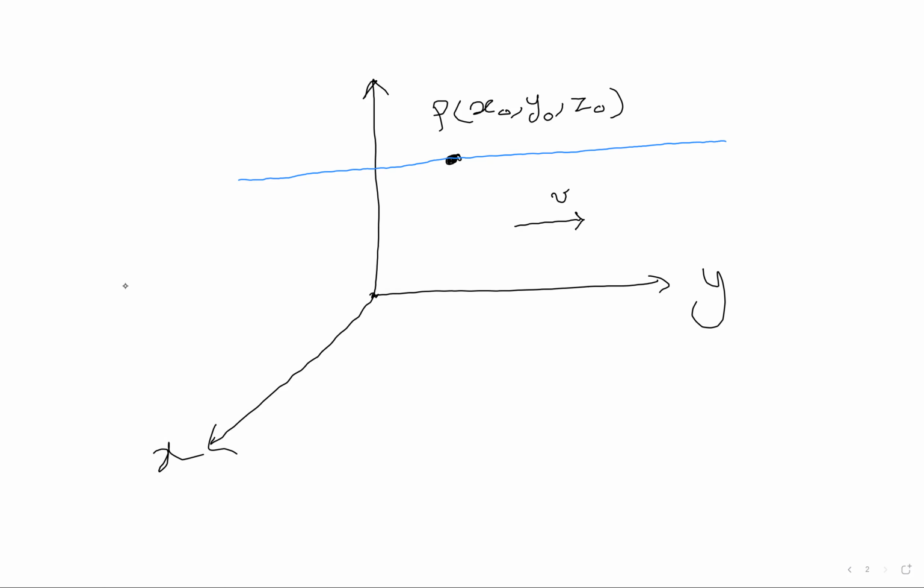And I connect the origin to that point. So this becomes the vector x0, y0, z0. In the first week, we talked about this, that when we use this notation, it's a vector, not a point anymore.